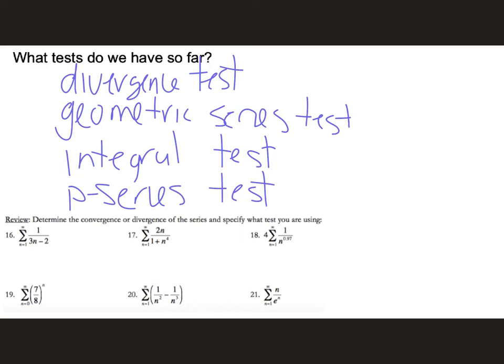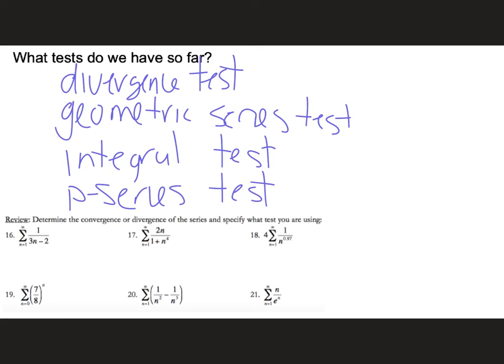Now, if you think back, the integral test said that the series had to be decreasing to 0. Basically is what that thing said. The p-series test said that the 1 over n to the p had to have a p greater than 1. The geometric series test is a useful one, I think.